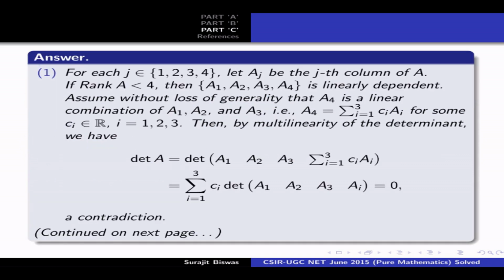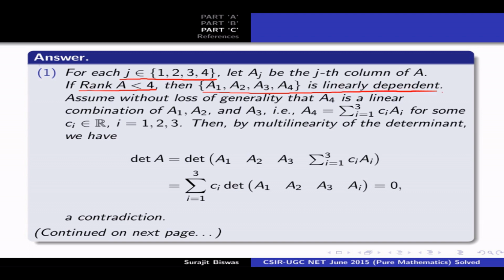How do we show that rank of A equal to 4? For each j belongs to 1, 2, 3, 4, let Aj be the jth column of A. If rank of A is strictly less than 4, then A1, A2, A3, A4 is linearly dependent.